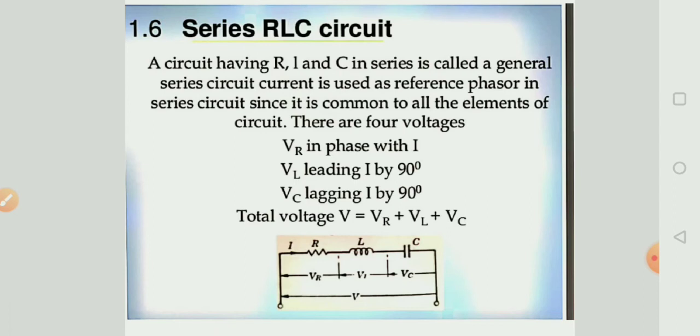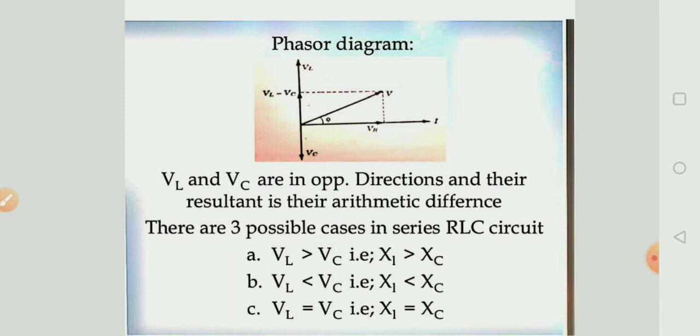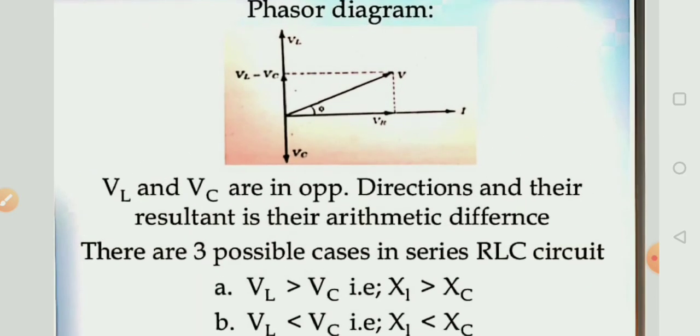We know that in the case of a resistance, the voltage and current are in the same phase. In the case of an inductance, the voltage leads the current by 90 degrees, and in the case of a capacitor, the voltage lags the current by 90 degrees. By this we can make the phasor diagram for the RLC circuit.